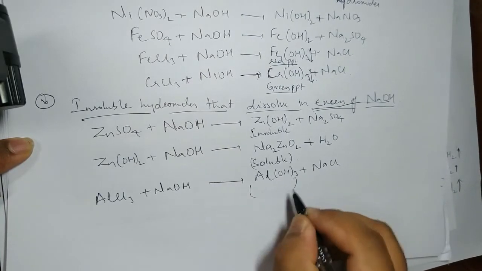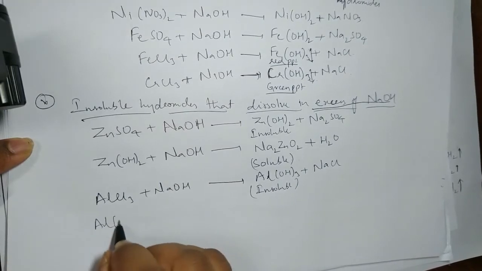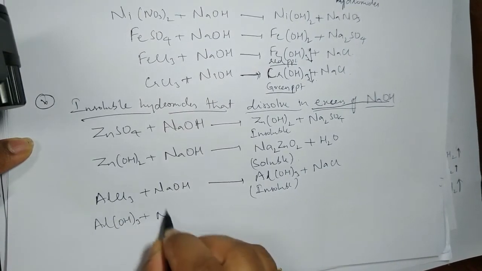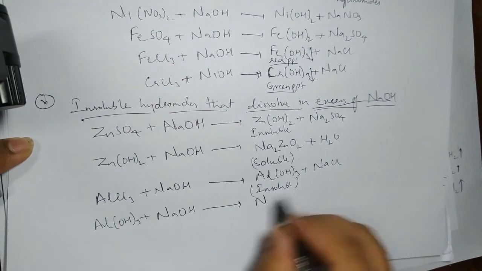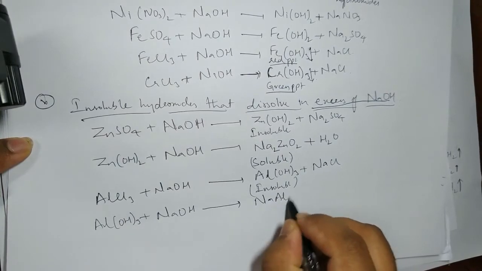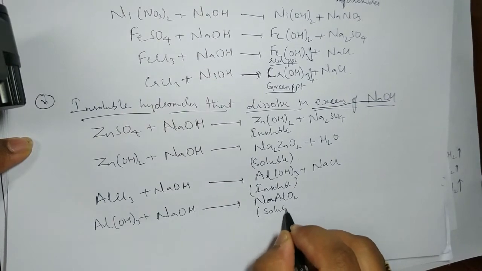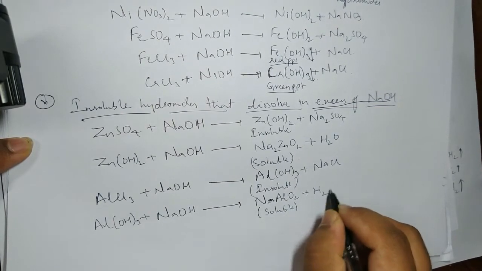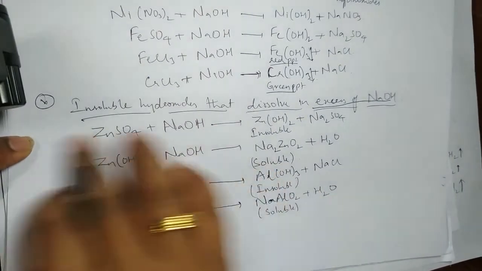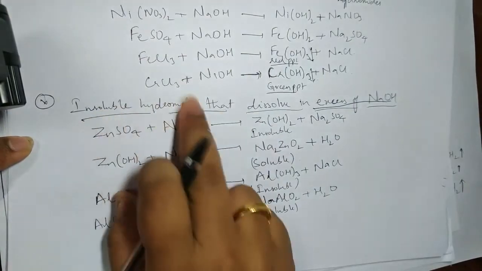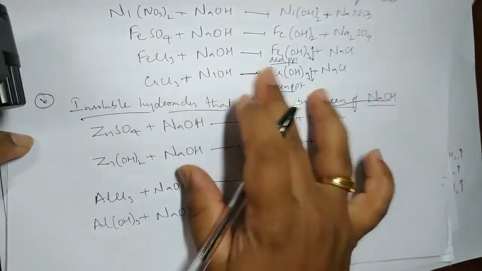So this is insoluble, but when I treat the aluminum hydroxide, Al(OH)3, with excess NaOH, it forms sodium meta aluminate, that is NaAlO2, and this is soluble in water. Same with tin also. On the whole, these are insoluble, but in excess NaOH, they get dissolved. That's the only difference between these two.